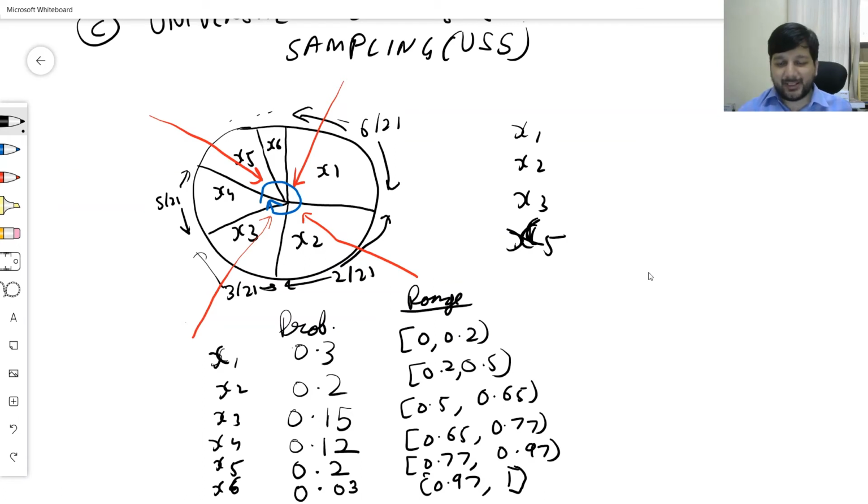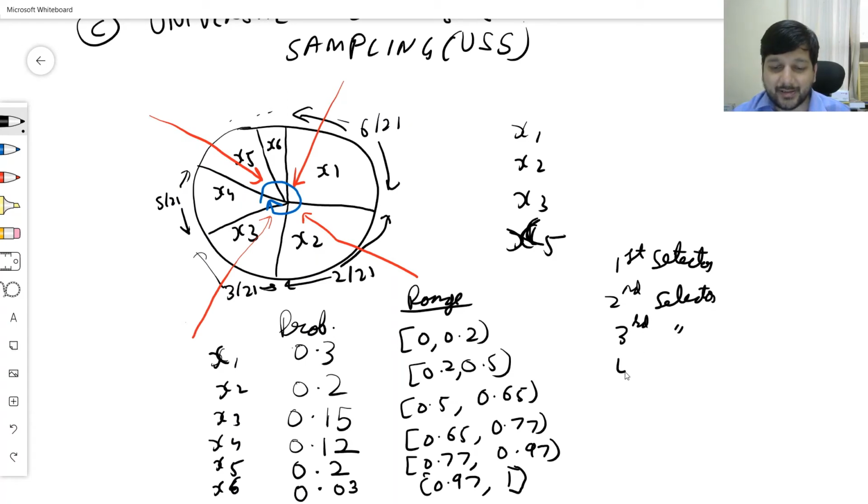Now I have 4 selectors, so let's place the first selector randomly. That's the second selector, that's a third selector, and that's a fourth selector. Let's place this one at 0.7. Now, the distance between the selectors will be the entire range 1 divided by the number of selectors, which is equal to 0.25.